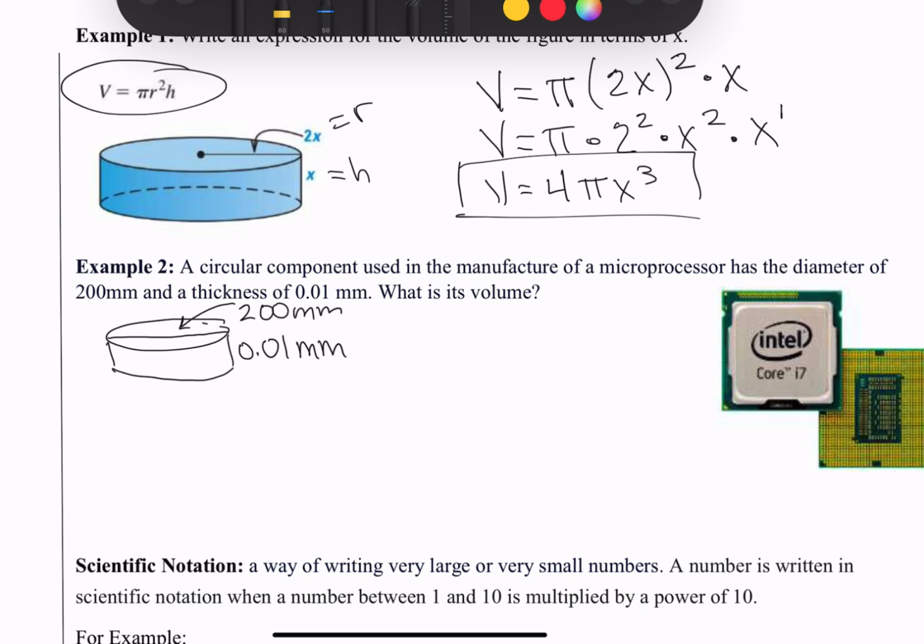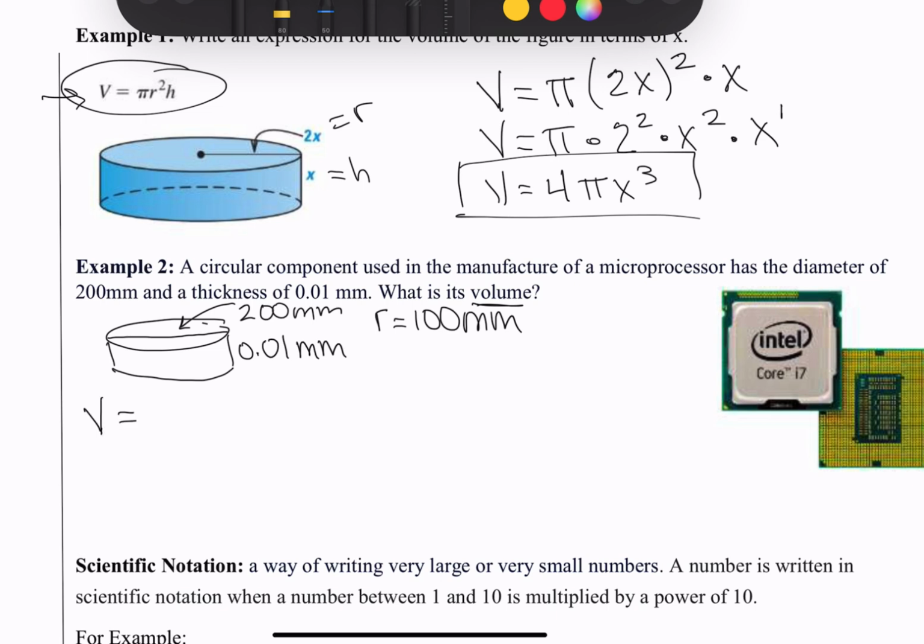All right, so if my diameter is 200 millimeters, that tells me that my radius is 100 millimeters. Now, why do I care about the radius? Because if you go back to the volume formula of a cylinder, it uses radius. So we're going to use that to help us find the volume of this circular component in the microprocessor.